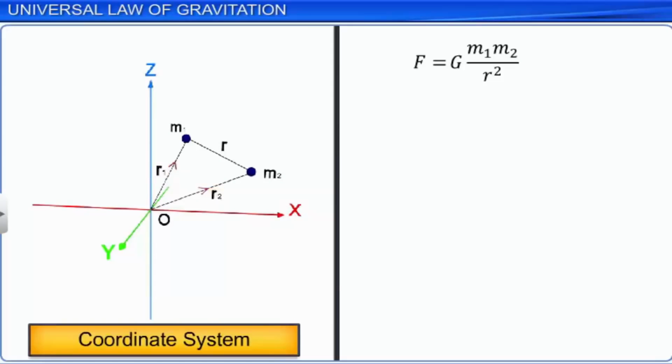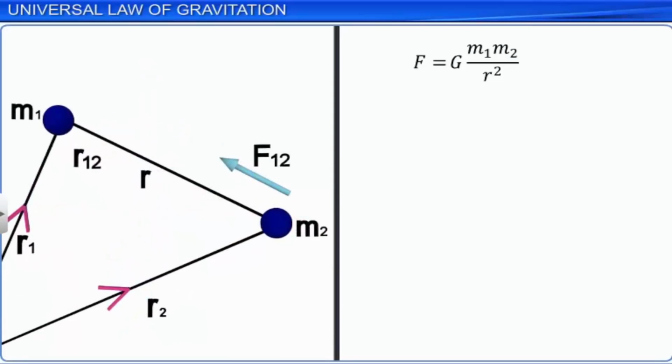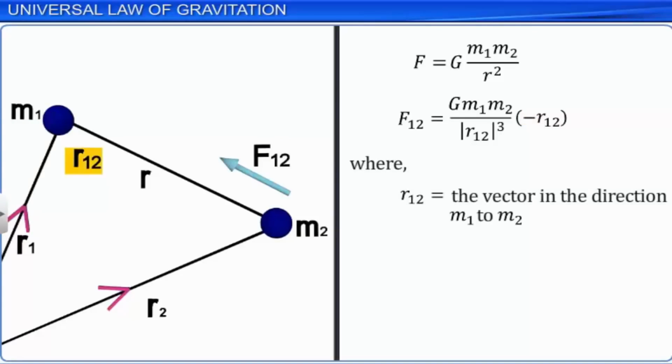When we apply the law to two point masses m1 and m2 in the coordinate system, we get the mathematical expression for the gravitational force of m1 on m2 as F12 equals G m1 m2 by mod of r12 cubed into minus r12, where r12 is the vector in the direction m1 to m2, which is equal to r2 minus r1. In the given expression, we use bold letters to represent the vectors.